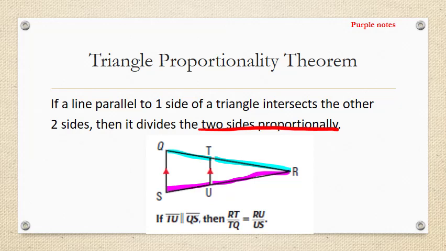So what we're saying is that we can set up a proportion where this side length over this side length will be equal to this side length over this side length. We've been wanting to show that in all of our triangle similarity shortcuts, but now we finally have a theorem that states that.